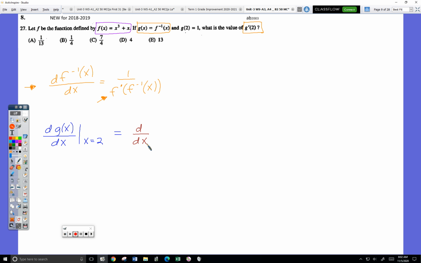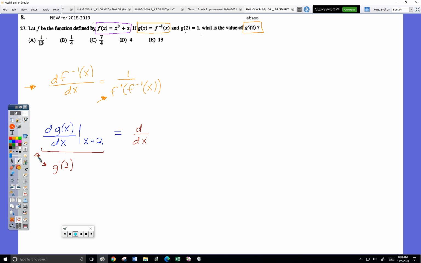Who knows what goes in the blank? You're just looking for things that are equal. It's all about paying attention to the equal sign. I'm supposed to find this, because they asked me to find g prime of 2. And these two things are the same.